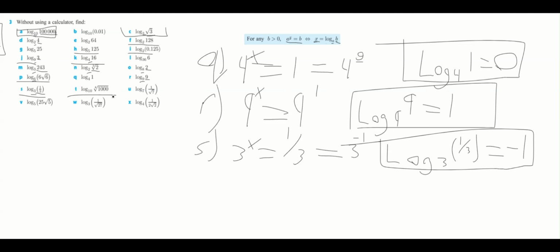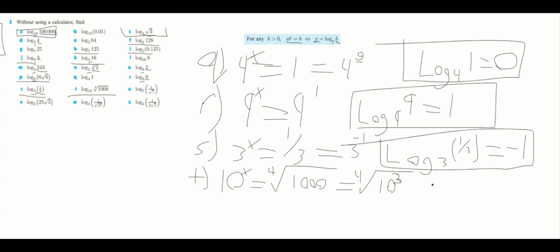And then T, so log base 10 of the 4th root of 1,000, oh sorry, 10,000, no, 1,000. So A is 10, so 10 to the power of x equals the 4th root of 1,000. So the 4th root of 1,000 equals the 4th root of 10 to the power of 3.